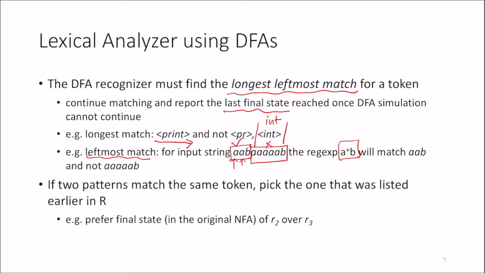So it can't skip over any tokens. And if two patterns match the same token, then pick the one that was listed earlier in this sequence, right? You can think of it almost as the final states. If the final state of R2 is reached and the final state of R3 is reached, then we pick R2 over R3 as long as the matching is the same length.